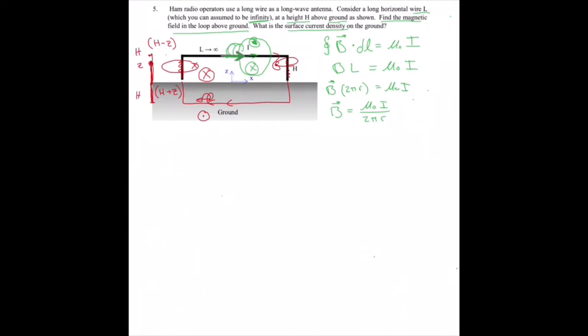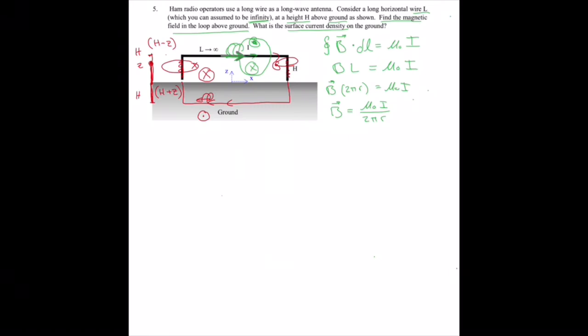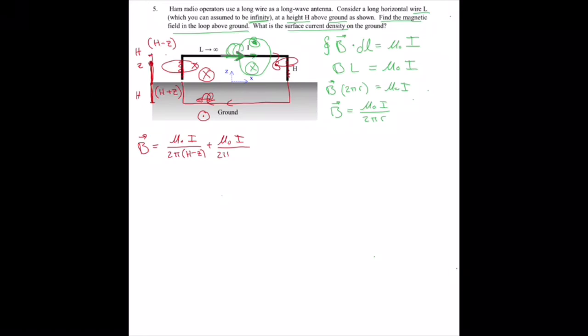So now we can plug that into our B field. Again, we're going to have two contributions to this B field, from the top wire and from the bottom wire. So our B is going to be mu naught I over 2 pi. Let's do the top one first, h minus z, and then plus, again, mu naught I over 2 pi, h plus z. I think I said minus on that one, but one is going to be the minus and one is going to be the plus.